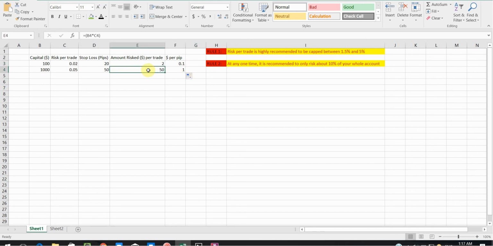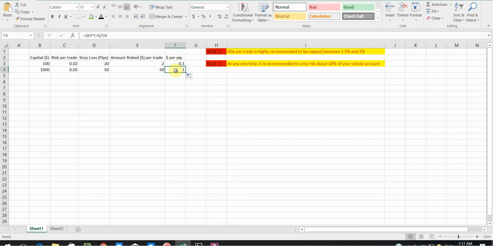So we will risk $50 per trade. In the worst case scenario, touch wood, let's say our trade goes against us and hits the 50 pip stop loss, we will lose $50, which is 5% of our capital of $1,000. And how much will we be doing per pip? It's $1 per pip.